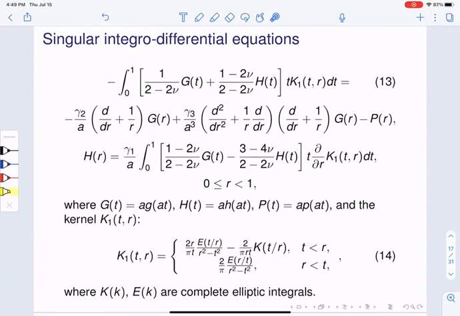And another thing you can notice here is that this equation depends on three parameters: gamma 2 over A, gamma 3 over A cubed, and gamma 1 over A. Those parameters exactly correspond to nanoscale.